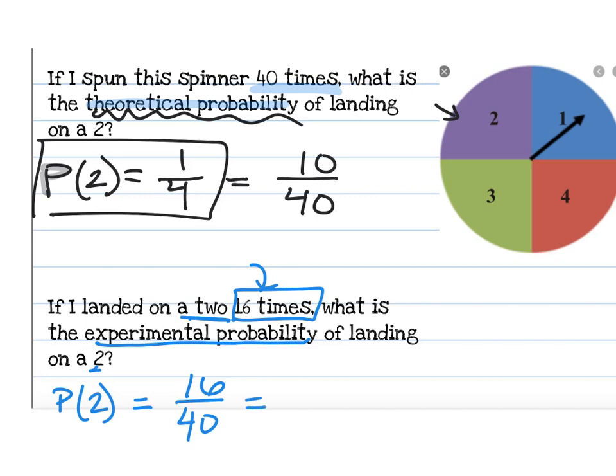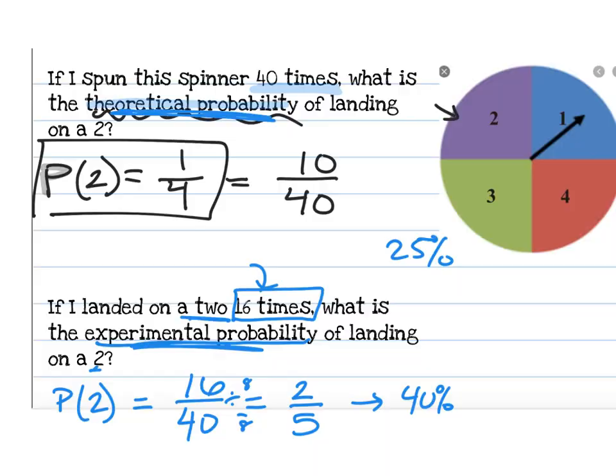They share a factor of 4. And they also share a factor, so let's see, they share a factor of 8 also. So that's 2/5. Okay, so we went from, theoretically, it should have been 25% getting a 2, and we actually got it 40% of the time. What we thought should happen, what actually happened.